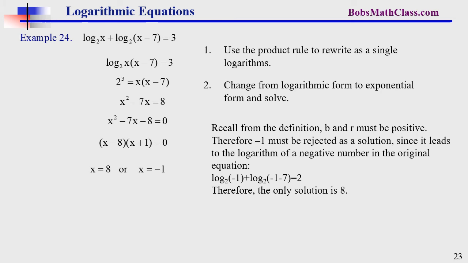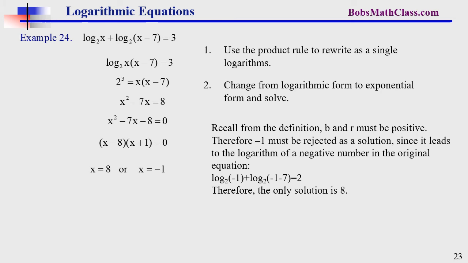For example, let's say we got an answer of x equals 5. If you go back to the original problem and plug in 5, the first logarithm is going to be fine. But the second one, if you replace x with 5, what's 5 minus 7? 5 minus 7 is negative 2, and we can't have the log of a negative number.